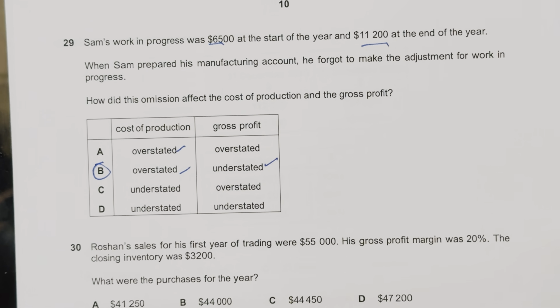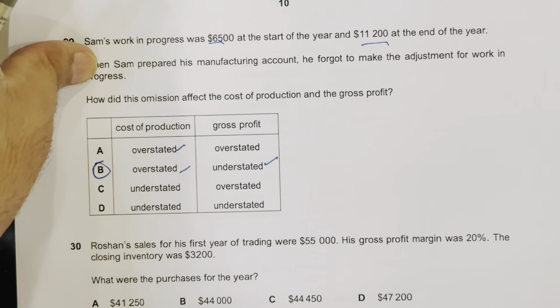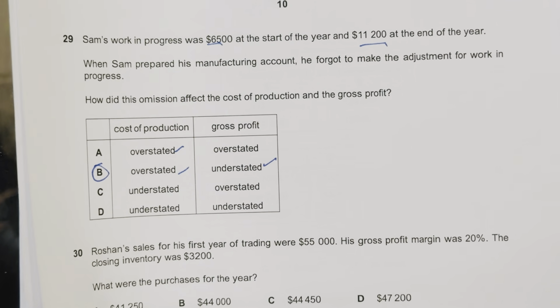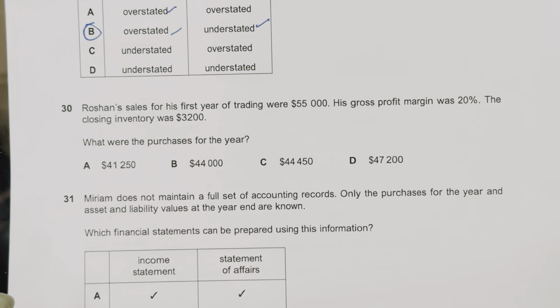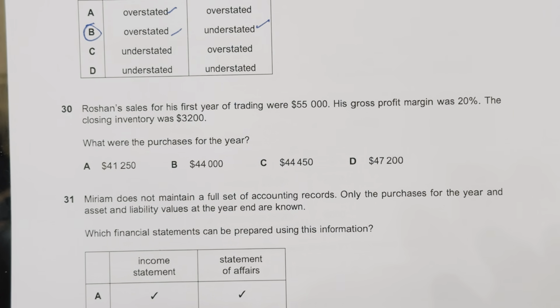right choice. Moving to question number 30, Roshan's sales for the first year of trading were 55,000, his gross profit margin was 20%, and the closing inventory was 3,200. What were the purchases for the year?